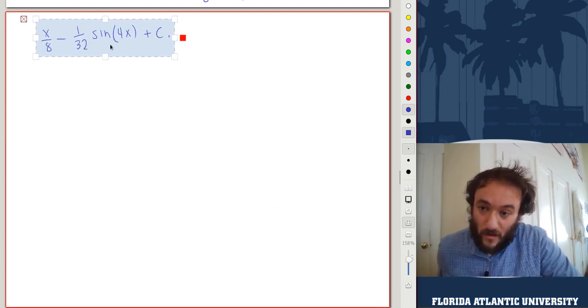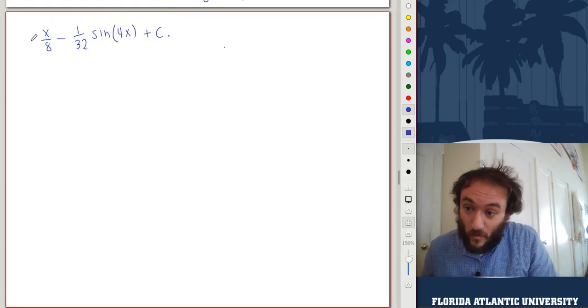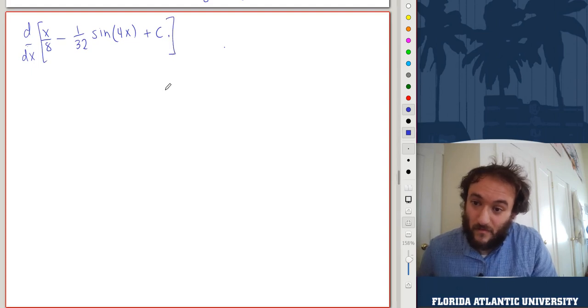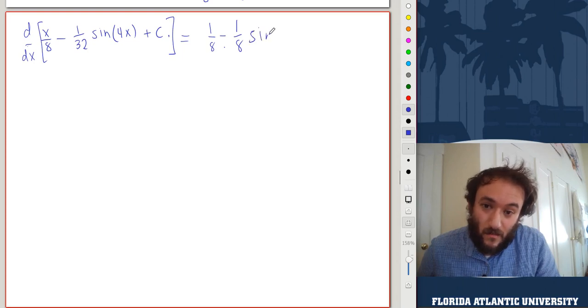So I am going to double check that when we take the derivative of this function, we get sine squared x cosine squared x. Okay, so let's see what happens when we take the derivative. This becomes 1/8 minus 1/8 cosine 4x.